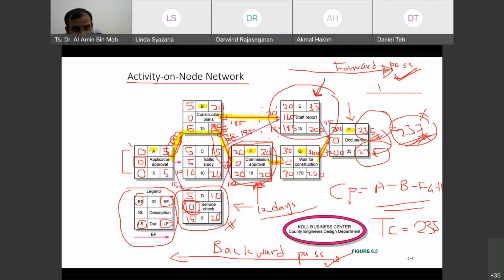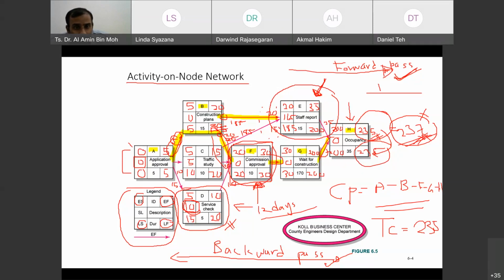The delay time, doctor. Okay, good. So what's the slack value here for activity E? Slack time is 100.